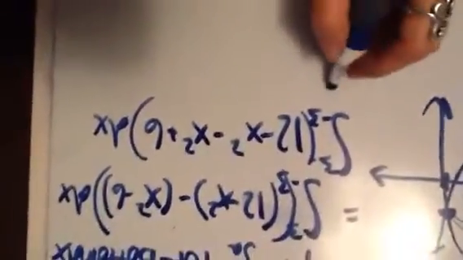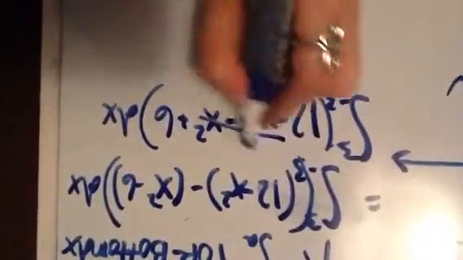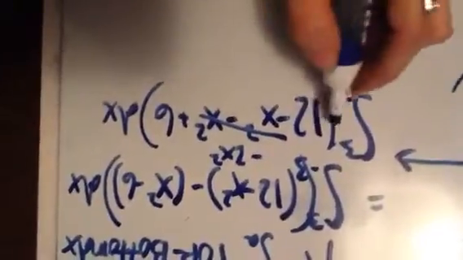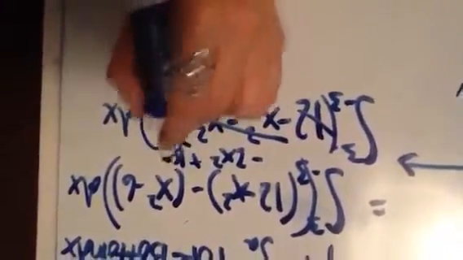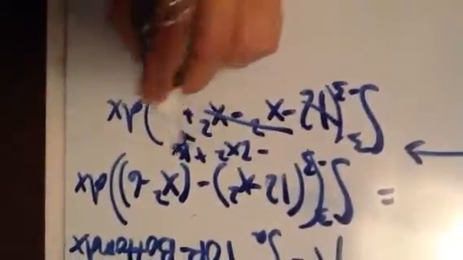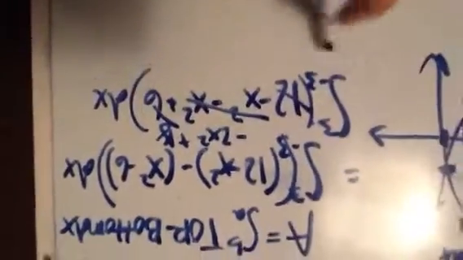Okay, and then this is going to end up being negative 2x squared. 12 plus 6 is 18. So we're going to take the antiderivative of negative 2x squared plus 18.